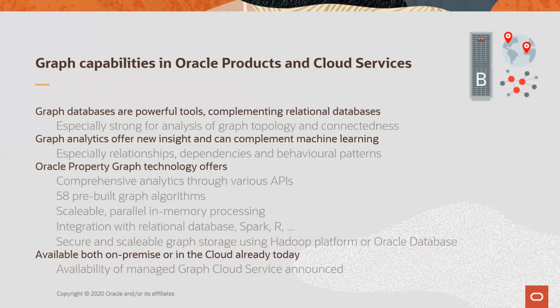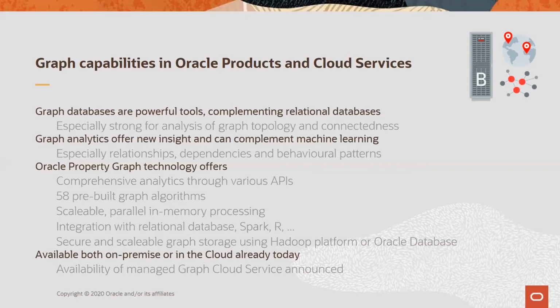And graph analytics can give you a lot of new insight into especially relationships, dependencies, behavioral patterns, and the results in turn can be used nicely to refine your machine learning platform, or it can be used as an input to your machine learning platform.